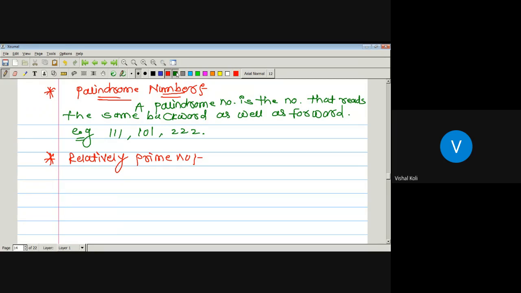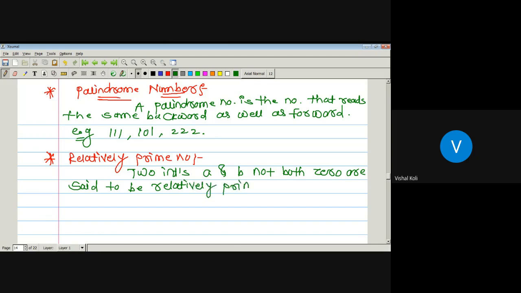Two integers a and b, not both zero, are said to be relatively prime if their GCD is 1. If the GCD of these two integers a and b is equal to 1. Okay, so these are some important definitions.